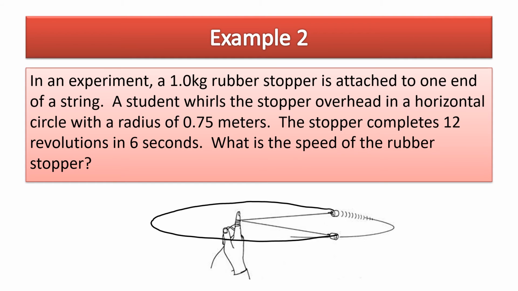All right, so this is moving in a circular path. I'm trying to draw it specifically so that we could see that this is 0.75 meters. This is the radius. Part of the experiment is measuring how long this string is, so you could find the radius experimentally. You know what the mass of the object is, and that'll help find the force. But right now we're just looking for the speed. So let's do some calculations.